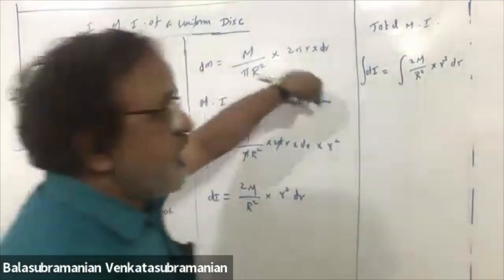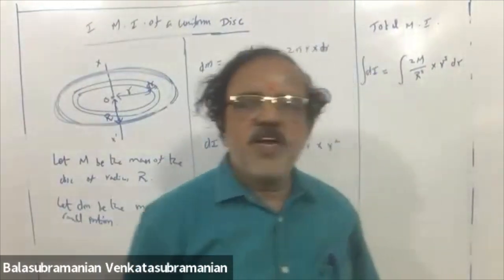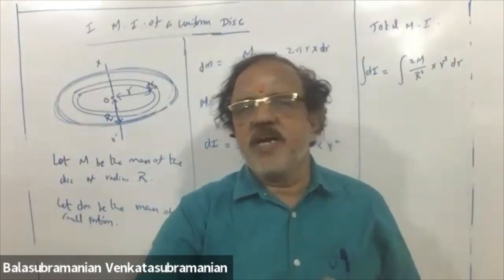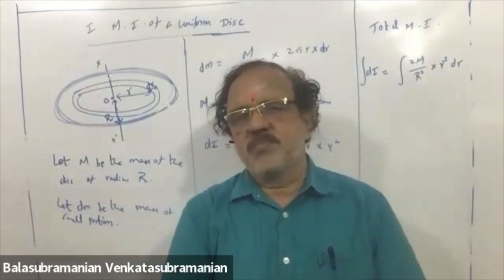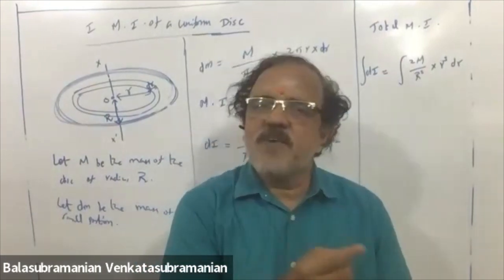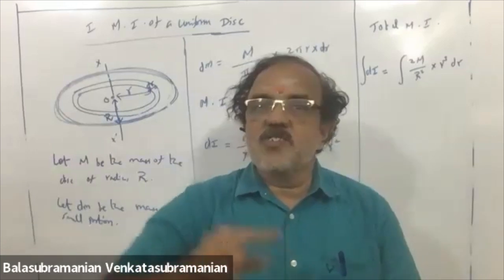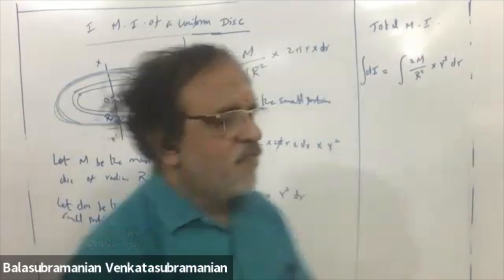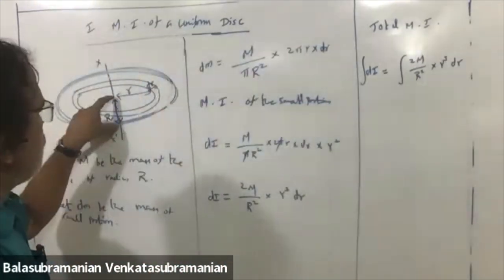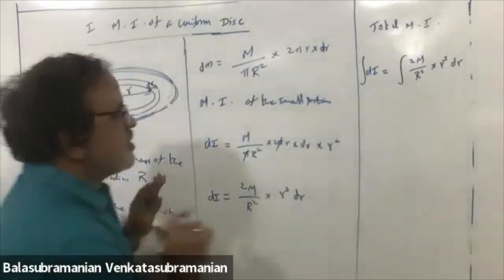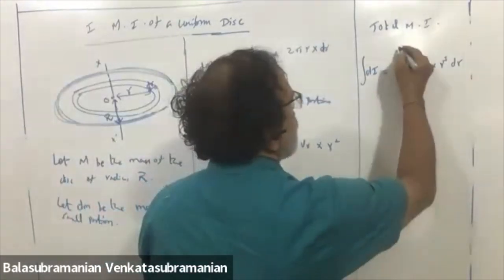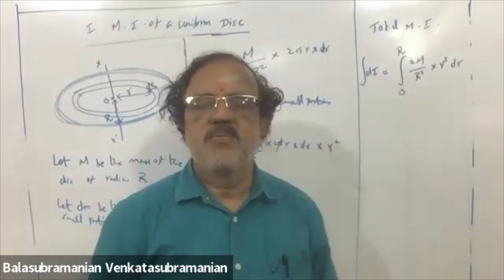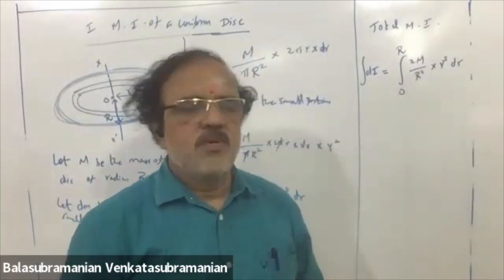Sir, in previous cases, for a rod we took the limit as minus L by 2 to plus L by 2. In the case of a ring, we took 0 to 2 pi r. Here, from the center to the maximum, the distance is r. Simply 0 to r. Okay.